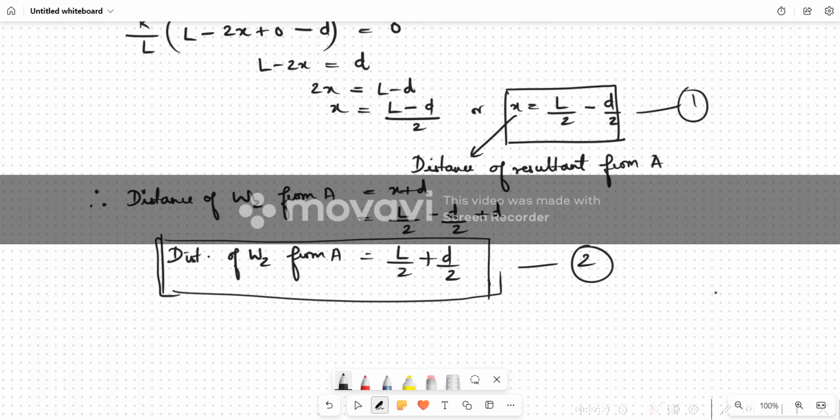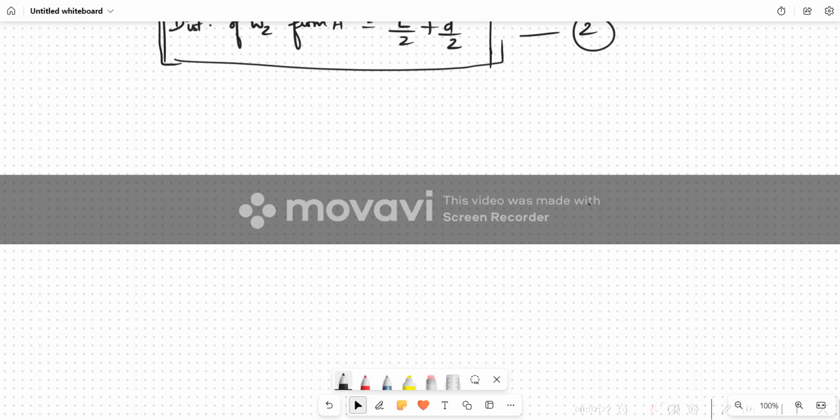Now, finally, there is one more thing to find out, which I'll include in this same video. The last thing is E, that is absolute maximum bending moment. The ILD ordinate for bending moment is maximum at the center of span, isn't it? At L by 2, you are getting the absolute maximum bending moment.